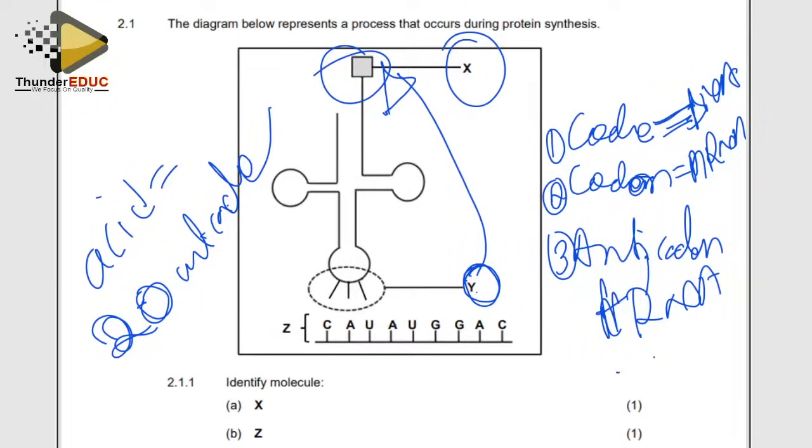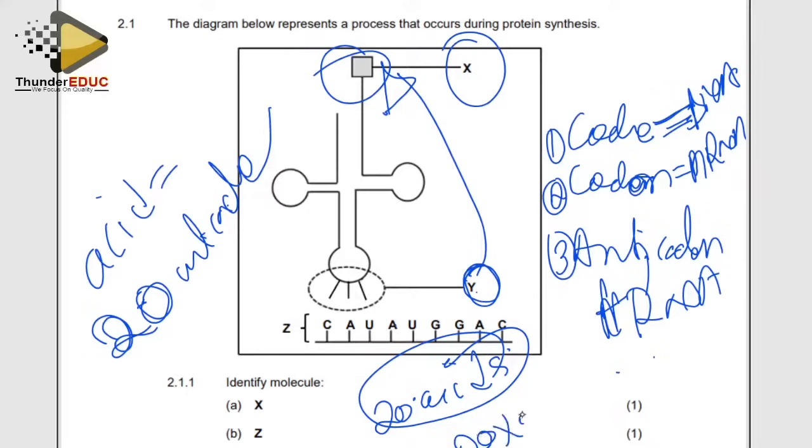But if I have 20 amino acids, how many bases will there be? It will be 20 times 3, because each anticodon has 3 bases. So 20 amino acids means 20 anticodons, but each anticodon is 3 bases.